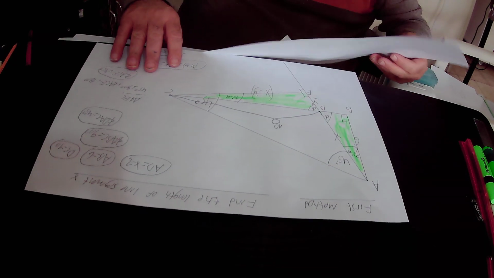We finished with the first method, then I presented to you how to find the value of line segment X according to the second method. In the second method, we did another construction.